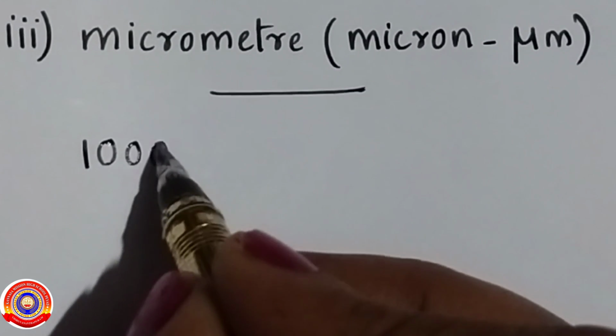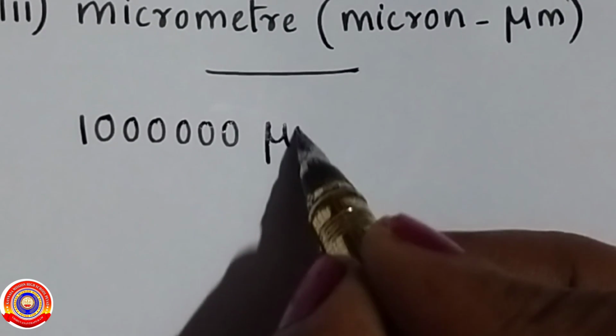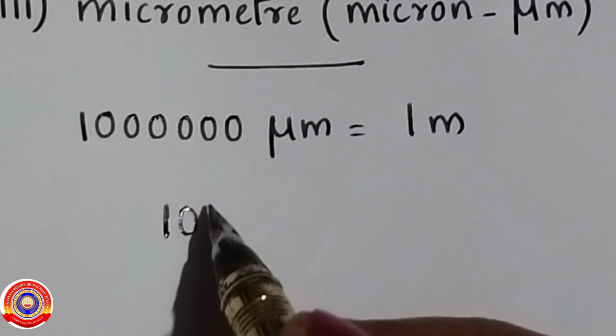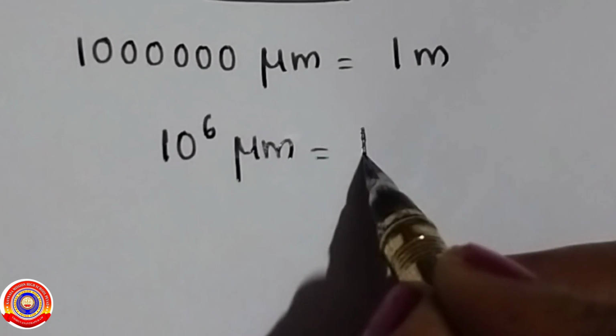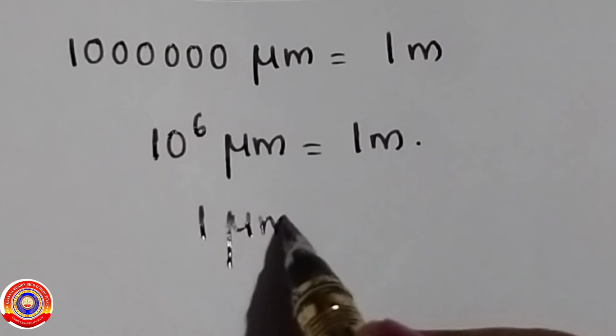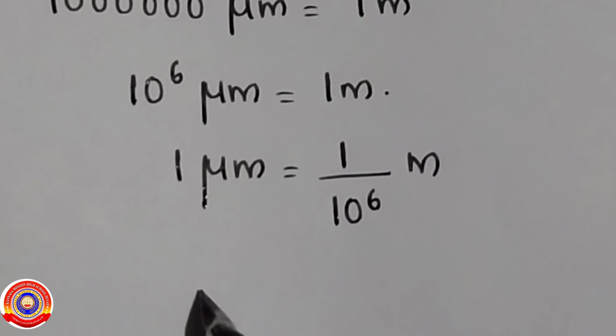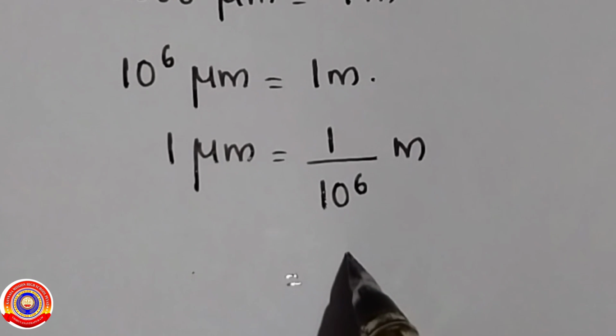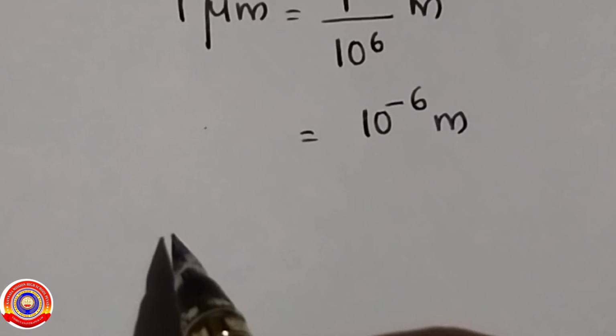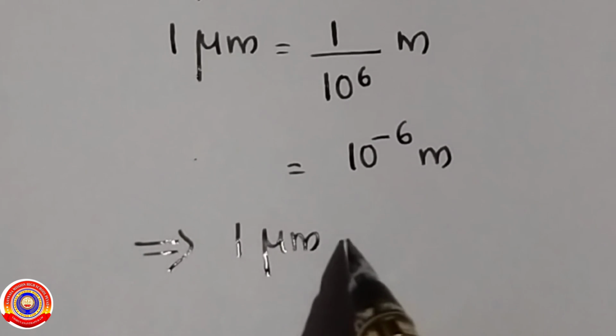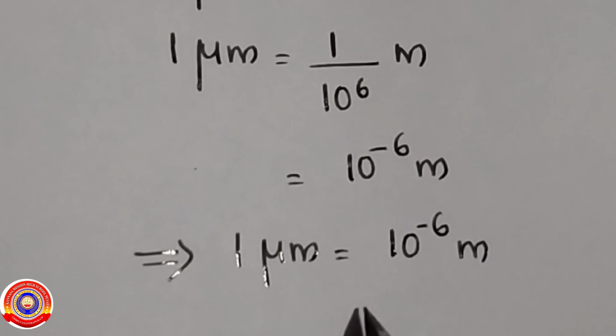Next is micrometer. 10 raised to 6 micrometer is 1 meter. So, 1 micrometer equals 1 by 10 raised to 6 meter. That means 1 micrometer equals 10 raised to minus 6 meter.